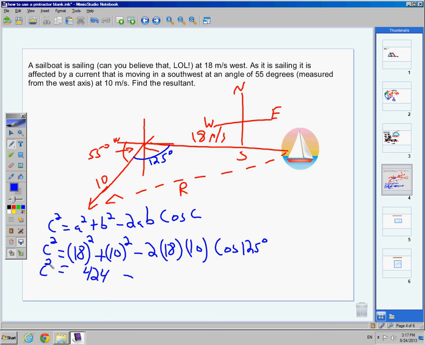And then I have the right-hand side is going to be, let's see, negative 206 and 0.5. I'm rounding off here. Well, those two numbers are going to get added. So we're going to say 424 plus 206.5. We're going to add those up. Gives me 630. C squared equals 630.5.